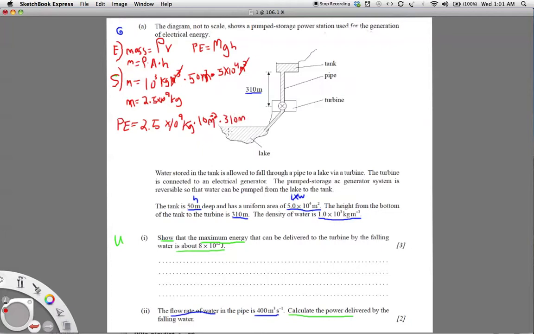In this case, you can go ahead and stop the video and calculate that out.